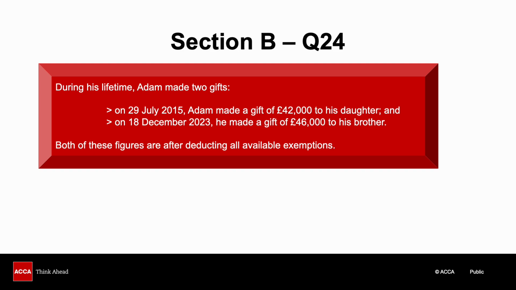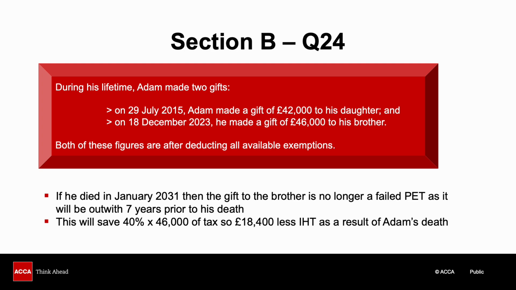But we're being asked to consider that he doesn't die until 2031. So in that case, the gift to the brother is no longer going to be a failed potentially exempt transfer because it falls outside the 7-year window leading up to his death if he dies in 2031. So how much tax is that going to save then? 40%, so the death tax rate of the transfer, £46,000.